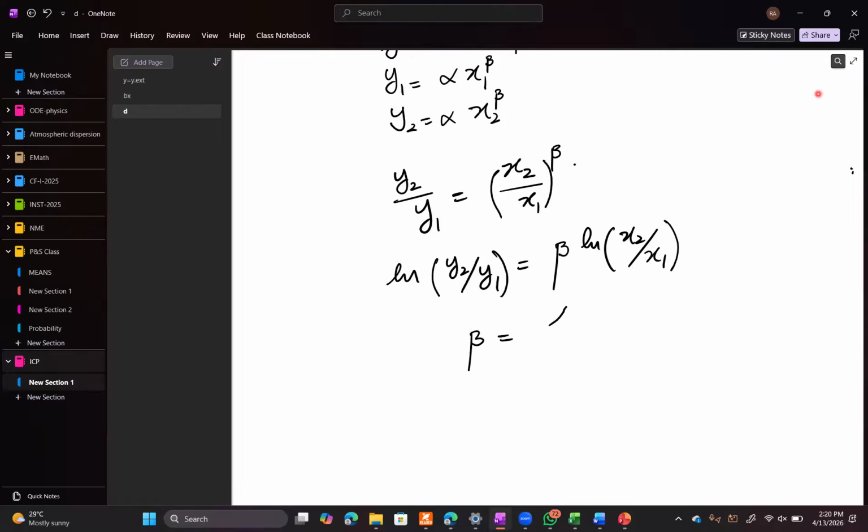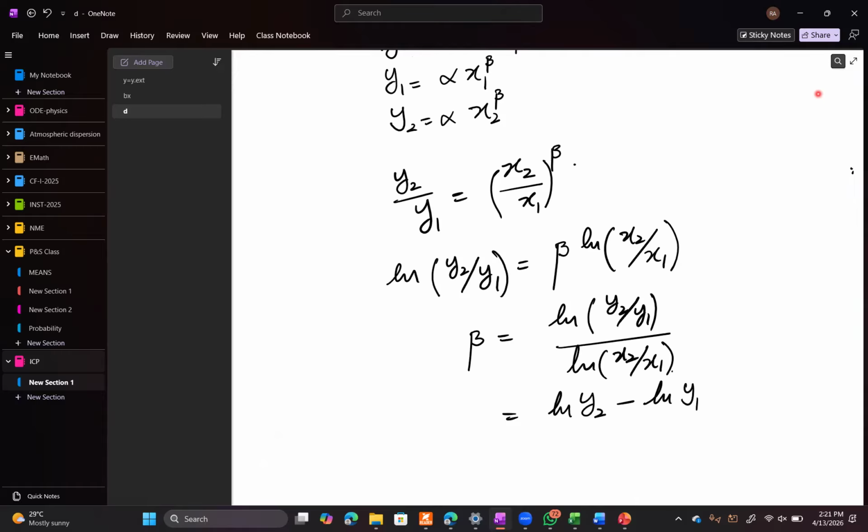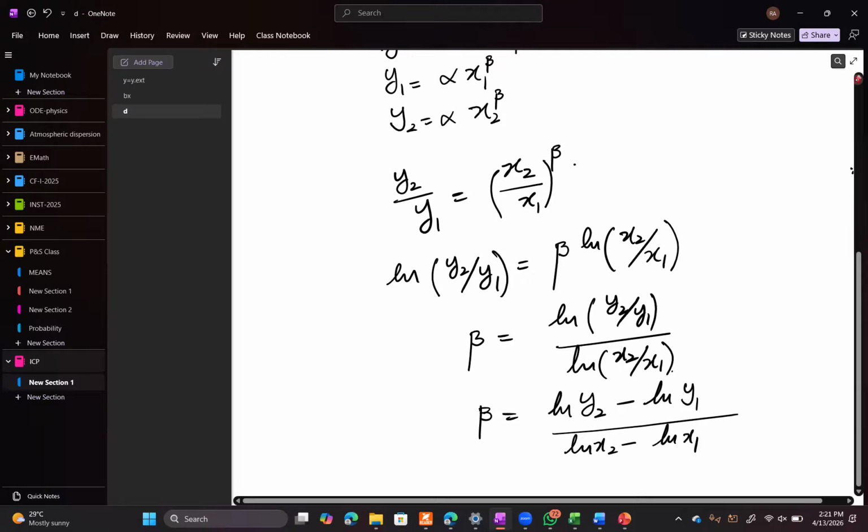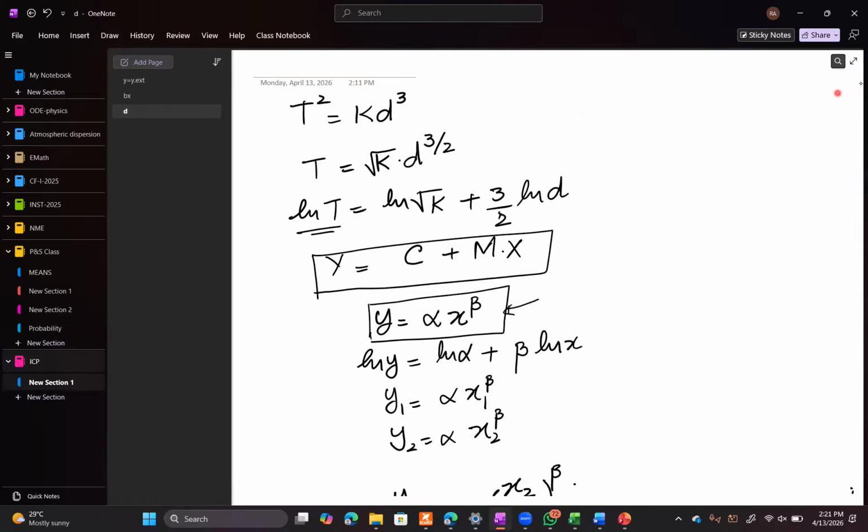So beta value will be log of y2 over y1 over log of x2 over x1, which can be written as log of y2 minus log of y1 over log of x2 minus log of x1. So you will get an approximate value of beta, which is the exponent of the x variable.